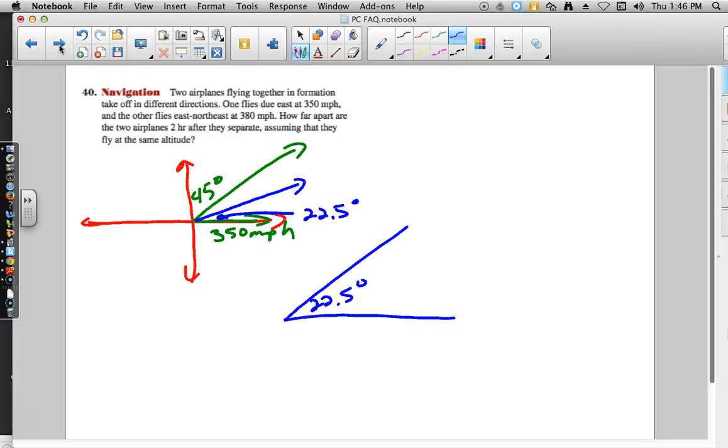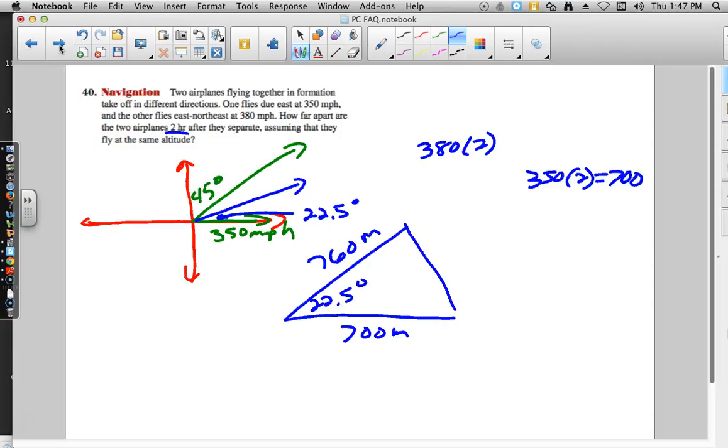How far apart are the two planes 2 hours after they separate? So we're going to need 380 times 2 and 350 times 2 to mark that distance. And 380 times 2 is 760. And they want to know this, and I'm just going to label that C.